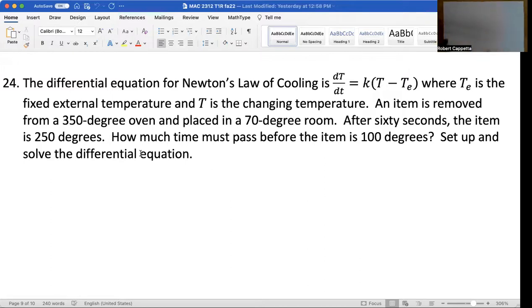We're looking for, again, our function T of t is 70 plus 280 e to the negative 0.00736t. Our temperature is 100 degrees. We want to find the time.